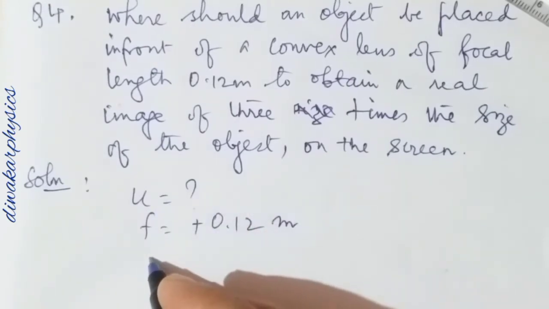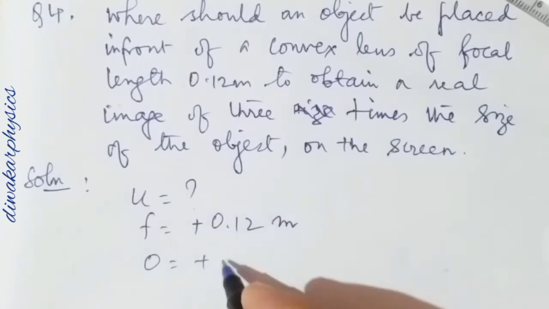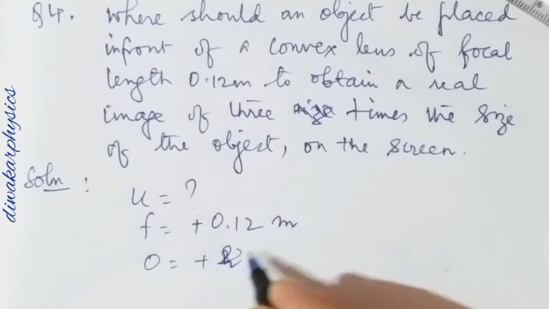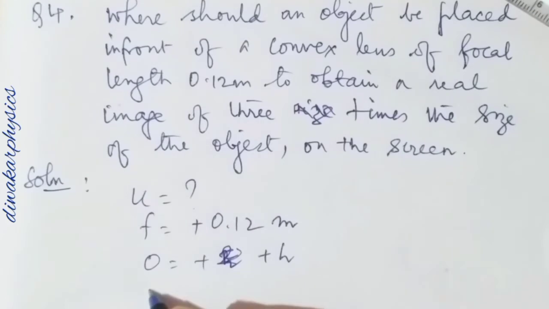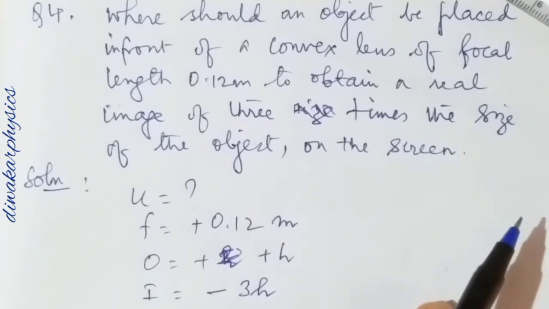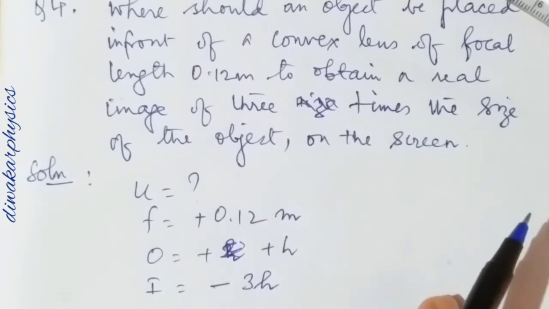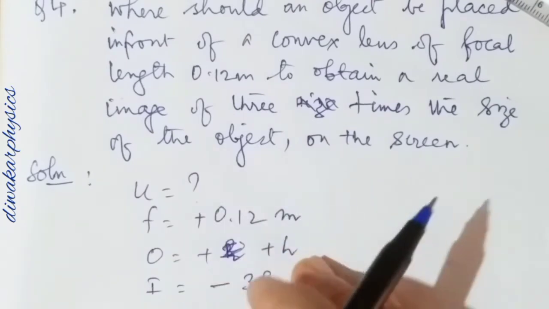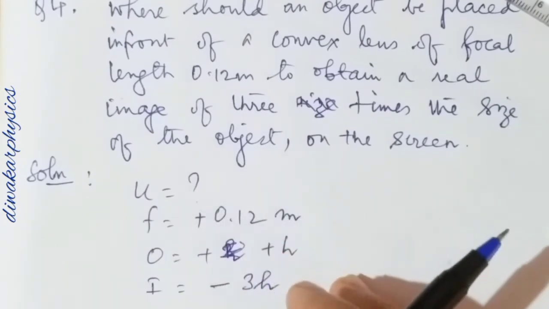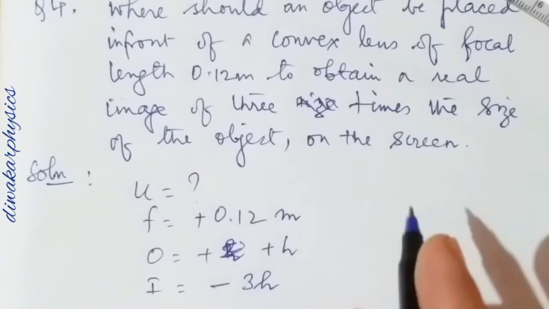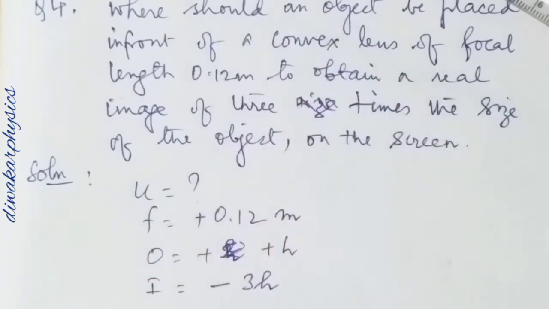So if I take object plus h, then image will be 3h, minus 3h, because it is an inverted image. Now this is the information given. From here you have to find the value of u.